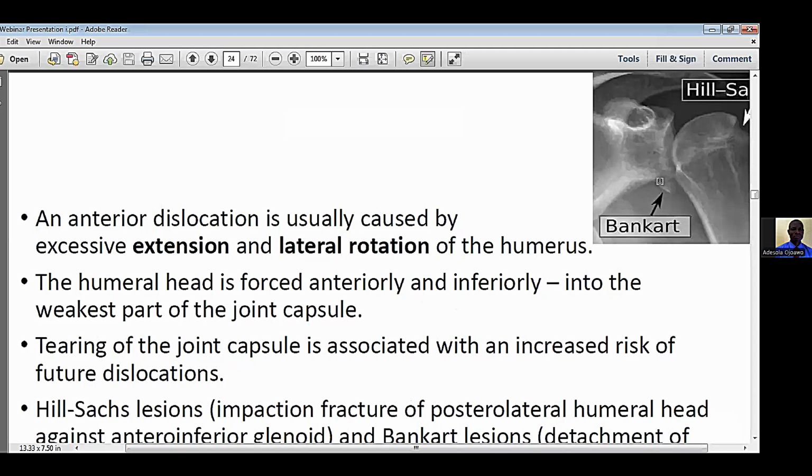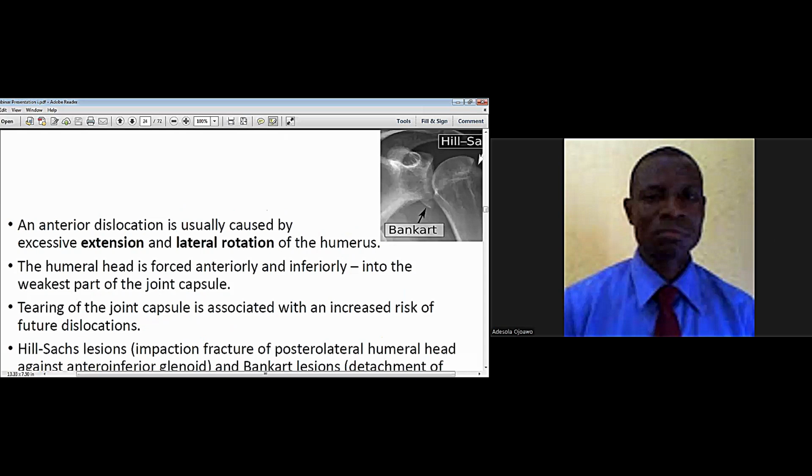The joint capsule, I showed you the other time, is weak in its inferior part. It's not as strong as the upper part. So if the head of the humerus has an opportunity to come down to that weaker area, it will dislocate.